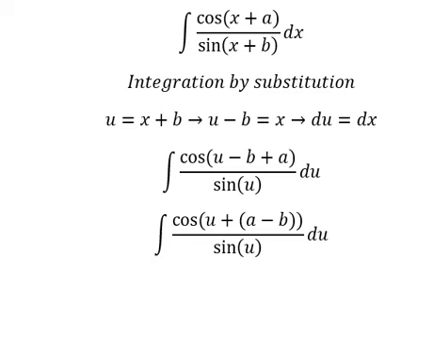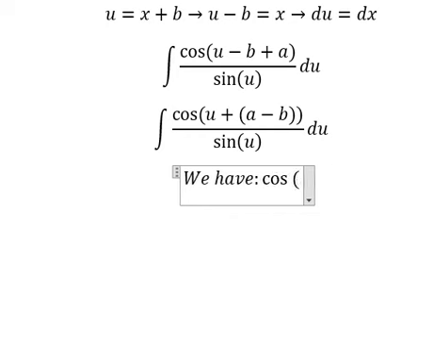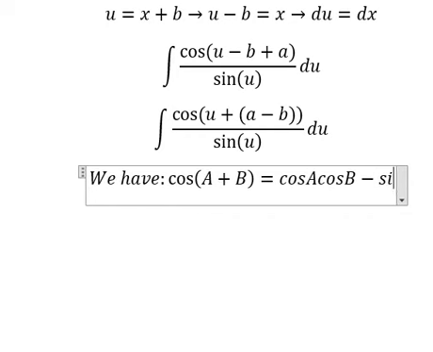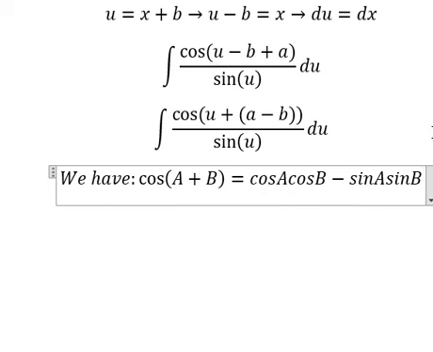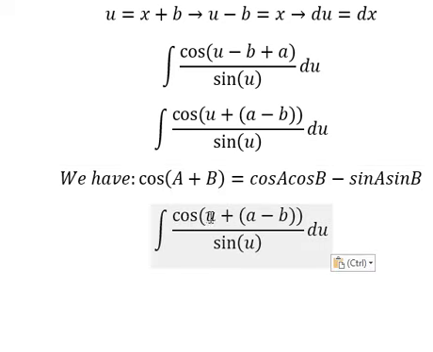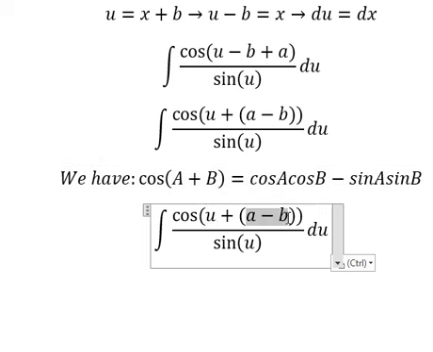Now we have the formula in here. So u that is about capital A minus B that is about capital B. Now we need to transform this one into this one.